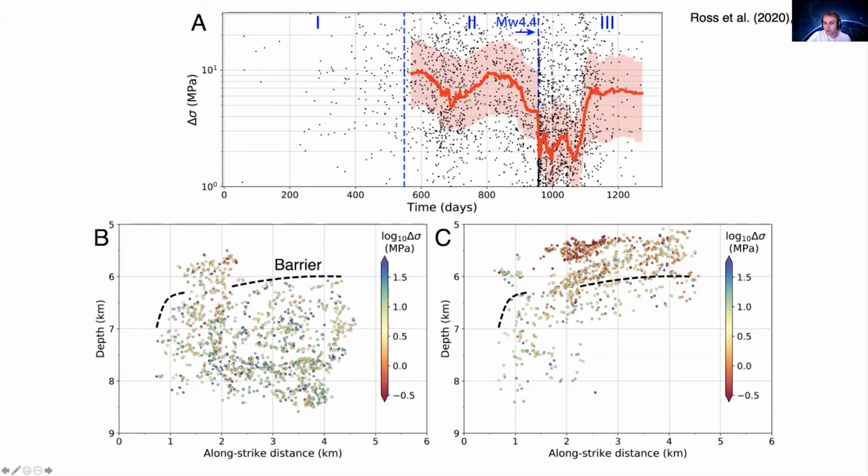So there's clear spatial segmentation of these stress drop values starting around 6 kilometers depth. And because it coincides with this clear barrier to the migration of the seismicity that we interpret as some kind of change in the permeability structure, it may be that this is actually just some kind of lithological transition here that's having a fundamental impact on the earthquake source properties at the same time.